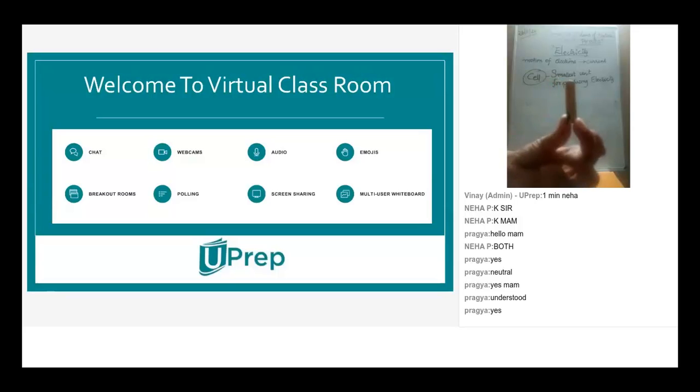Are you all able to see this? You are catching a battery, right? Actually, we call it a battery, but technically this is a cell. A single unit, this one is called a cell. Generally, in our daily, regular language, we call it a battery, but this is a cell.